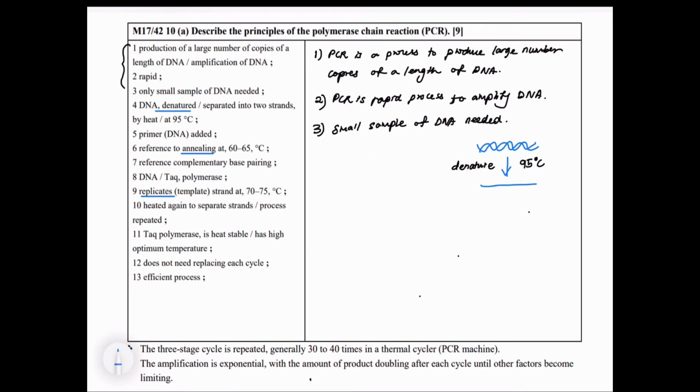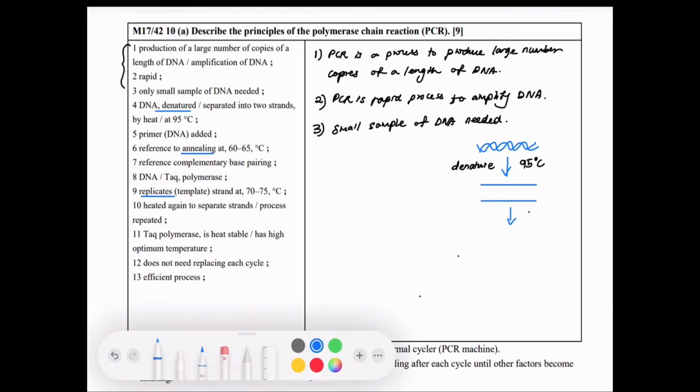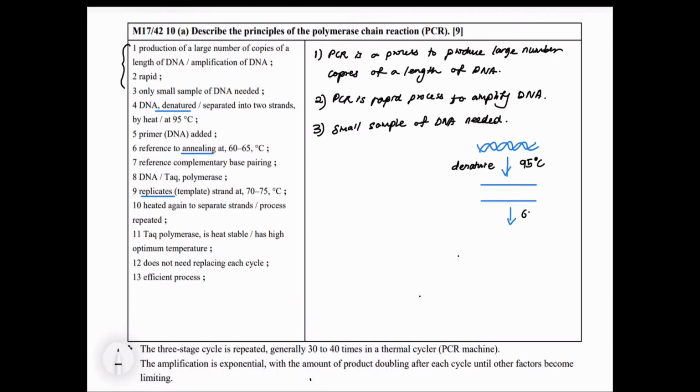Therefore, DNA strands will be separated and the bases will be exposed. Then the next step is the temperature is reduced to 60 to 65 degrees Celsius. This process is known as annealing, where it only happens at this particular temperature.